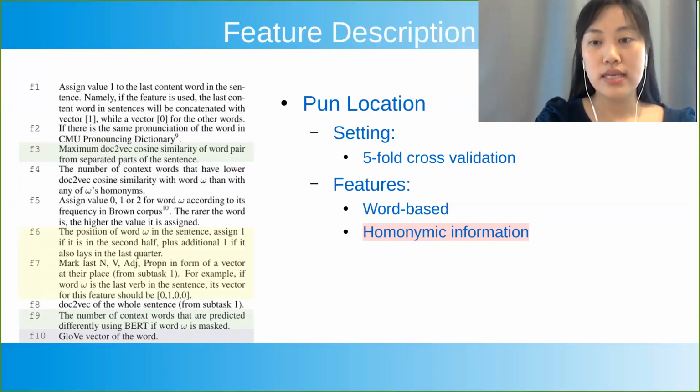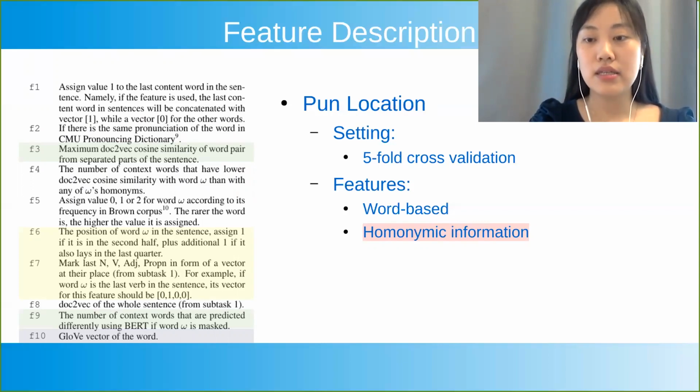They gave words, especially content words, which locate at the second half of the sentence more weight. Feature 10 concatenates the global vector to represent the word itself. It results in a 7% boost.